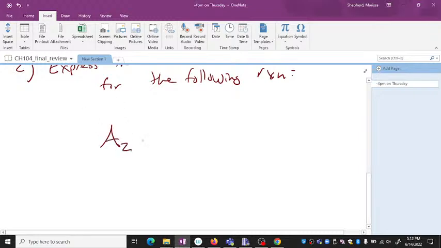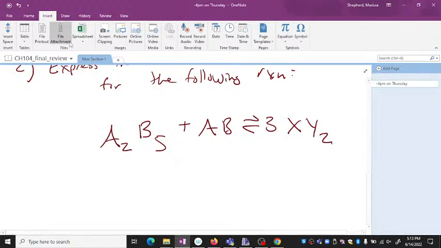So A2B5 plus AB gives you 3XY2, or sorry, AB. And then these are all in the gas phase.